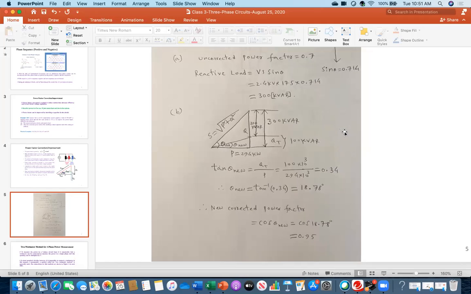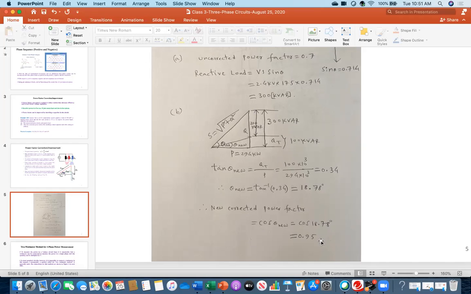But there is one thing. In homework problem number 6, you are asked to find the capacitor value. Now I am helping you with how to do that. In this case, the capacitor value was given in terms of kilowatt. But the homework problem asks, what is the value of the capacitor in farad or microfarad that is needed to improve a power factor value?